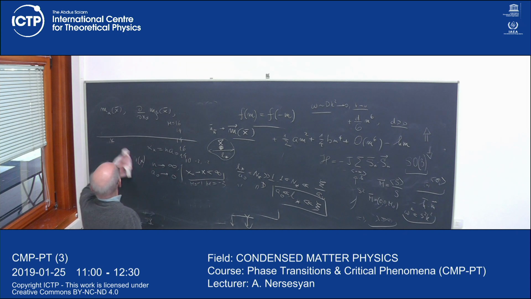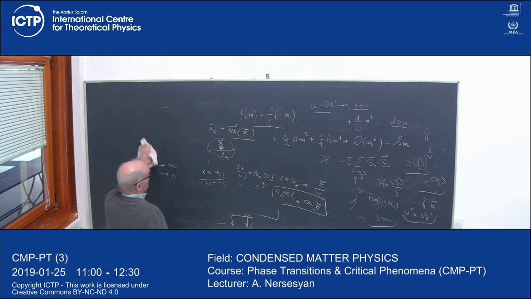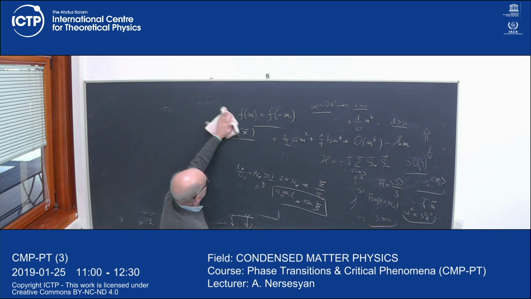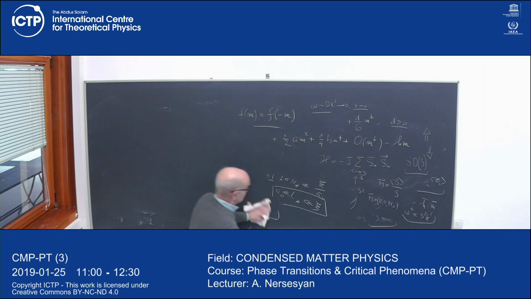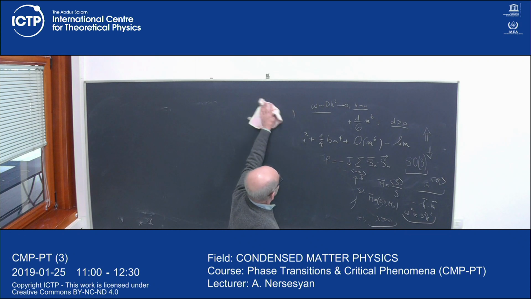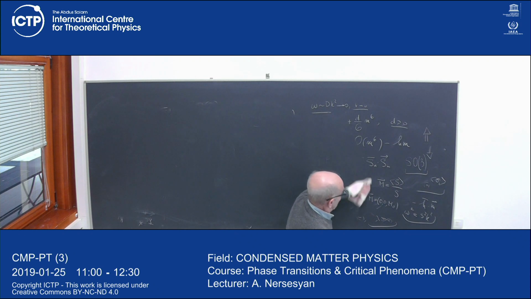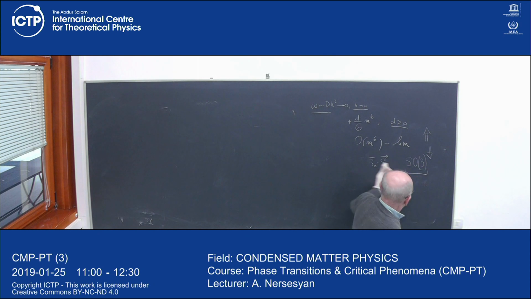Now we pass directly to the Landau expansion. First of all, the simplest version of the Landau expansion is the one in which fluctuations are completely neglected, which means that the order parameter is not allowed to be coordinate dependent, which means that in the free energy expansion, we don't have gradient terms at all.